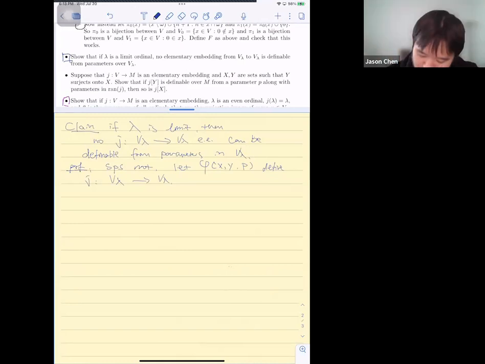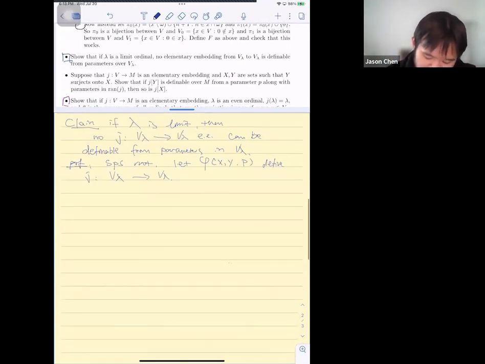So let's follow Suzuki and use this trick. The property, as you can see, is what I would like to call defining an increasingly elementary embedding. I will show you what it means in a moment. So, use Suzuki's trick.